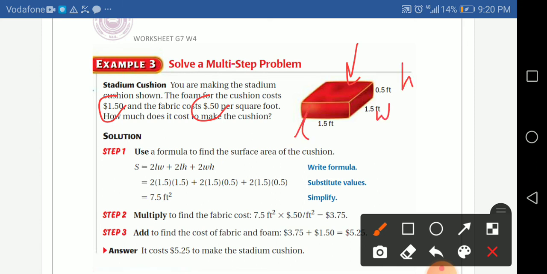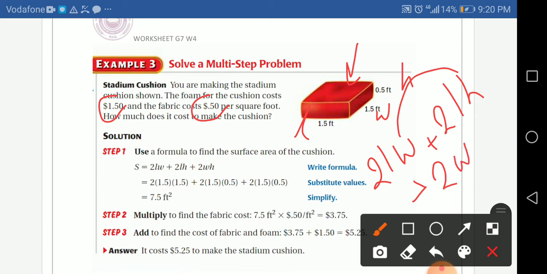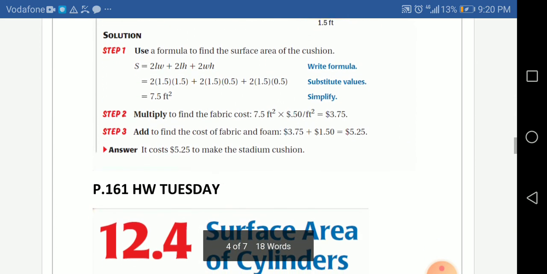So I'm going to use the formula of the surface area of the cushion, which is 2LW plus 2LH plus 2WH. So I'm going to substitute 2 times 1.5 times 1.5, then 2 times 1.5 times 0.5, then 2 times 1.5 times 0.5. So the answer after multiplying will be 7.5 feet squared for the surface area.